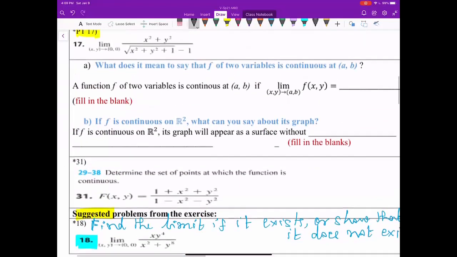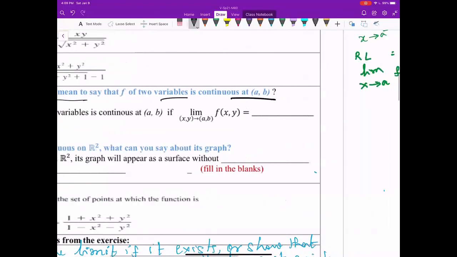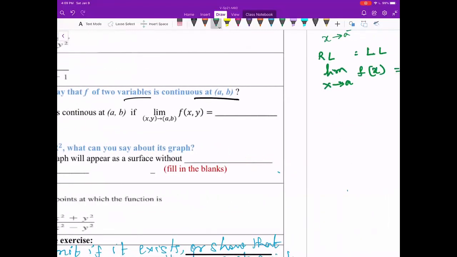The next concept here is continuity. What does it mean to say that a function f of two variables is continuous at (a, b)? Again, it is similar to the definition from Calculus 1. In single variable calculus, if y is a function f(x), it is said to be continuous at a if the limit as x approaches a of f(x) equals f(a).